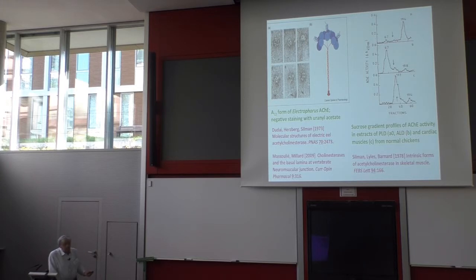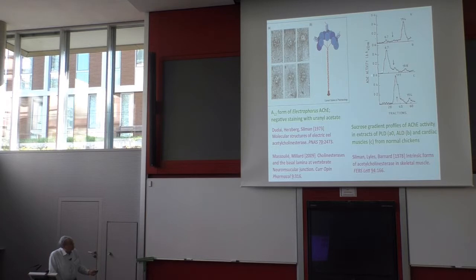And what you see at the top is the posterior latissimus dorsi of the chicken, which is a fast twitch muscle, and it has exclusively, or almost exclusively, this A12 form, which is apparently the functional form of the synapse. Related, macrodissected and pooled and analysed similarly, single end plates.